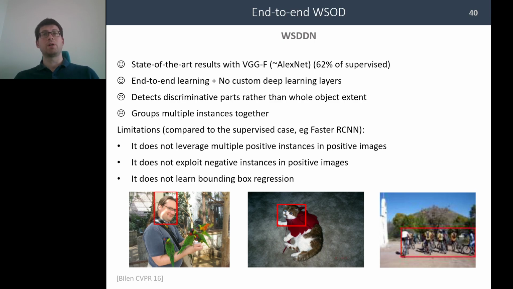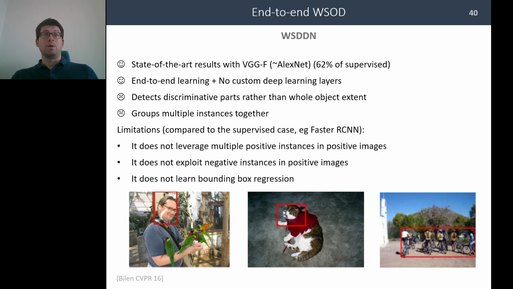If you think about Faster RCNN, all the negative instances are sampled from positive images. Those are the regions overlapping with positive instances with a low overlap ratio.